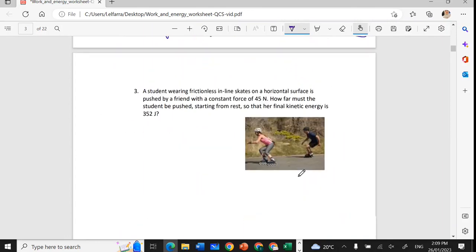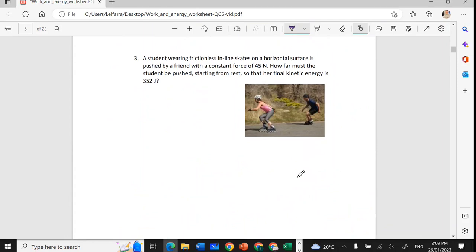Now we'll take also another example. Let's see this one. Here we have a student wearing frictionless inline skates on a horizontal surface, pushed by a friend. So a friend pushes this student with a constant force.